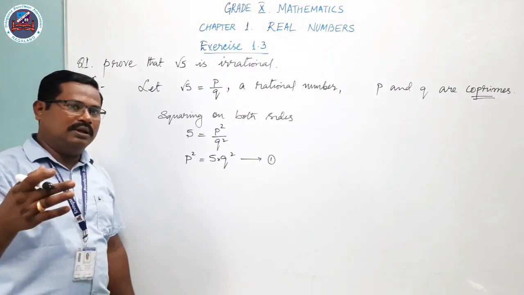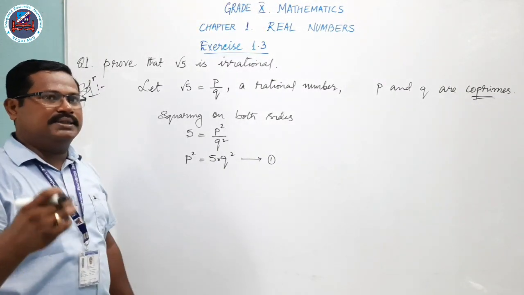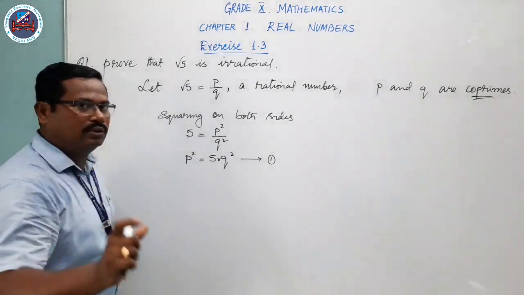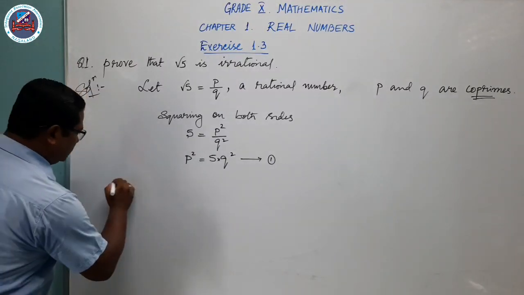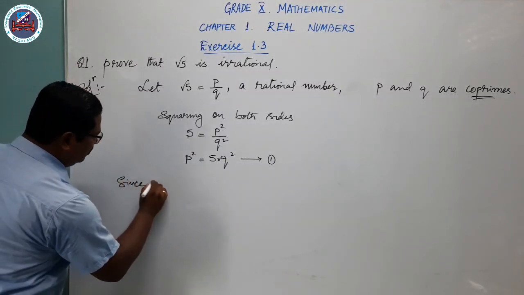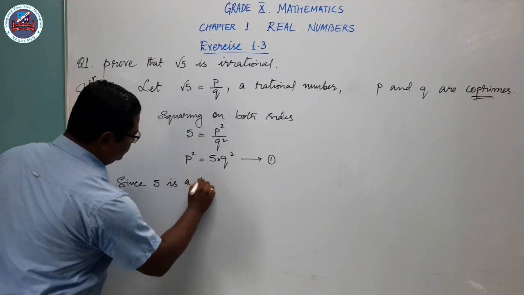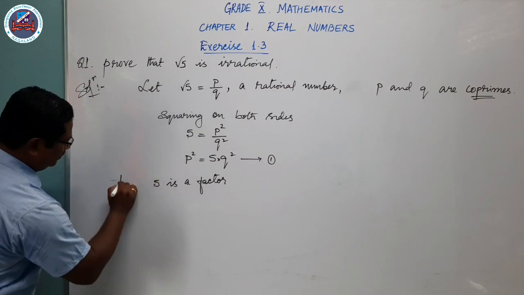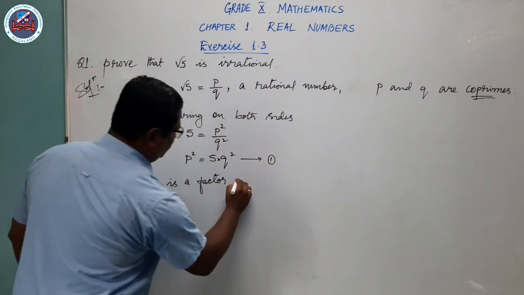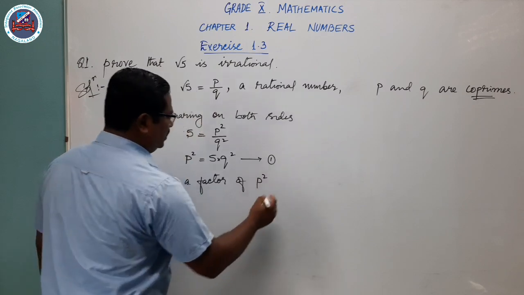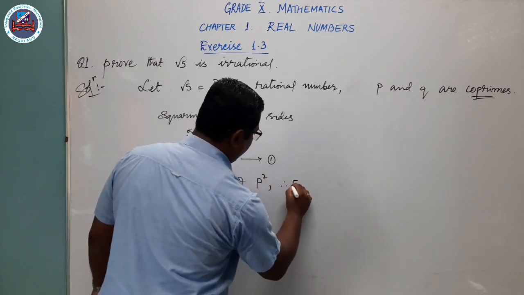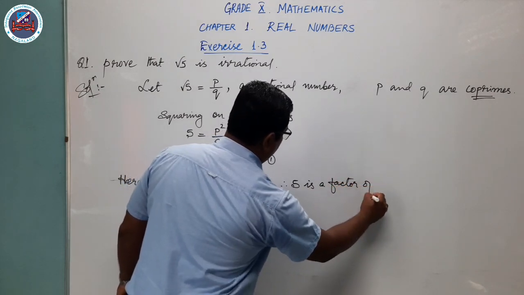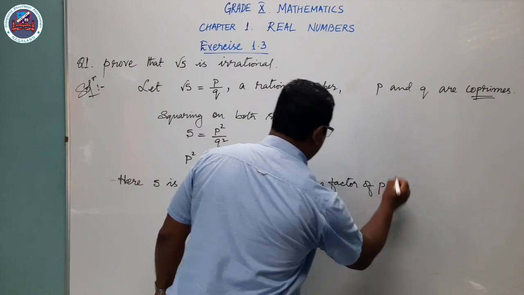You can use any word which you like: it divides, or it is a factor of. Suppose I am using the word factor. So I write like this: since 5 is a factor of p square, therefore 5 is a factor of p as well.